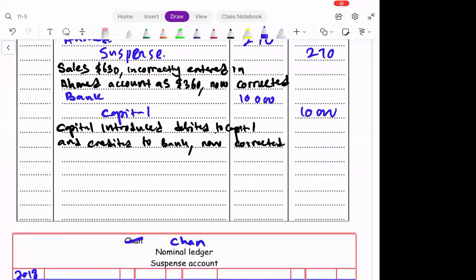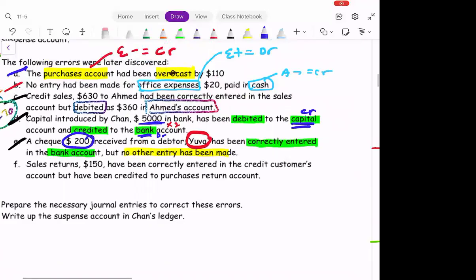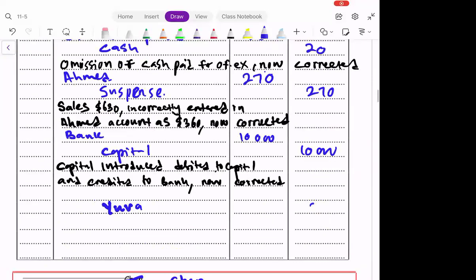I credit the UA. How much is the amount? 200. So I write here 200. Debit what? Suspense account. Because one side mistake, the other one will be suspense.